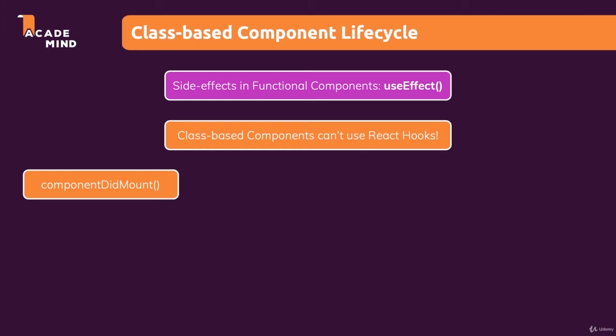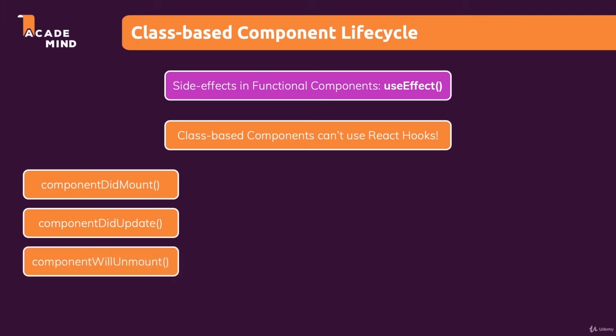Other lifecycle methods you can add would be componentDidUpdate and componentWillUnmount. There are a couple of other less important lifecycle methods, which we'll not take a closer look at here, because these three lifecycle methods are by far the most important and common ones.